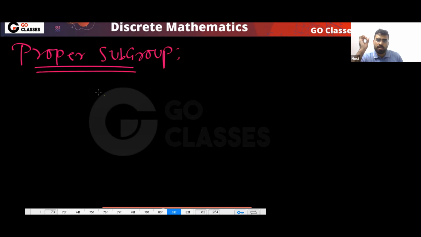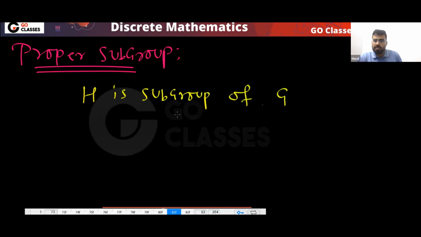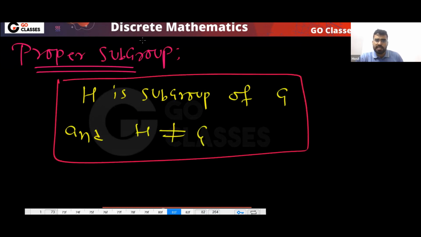H is a subgroup of G, and H is not equal to G. It means any subgroup other than G itself. It should be a subgroup, but it should not be equal to G. So a proper subgroup means any subgroup other than G.